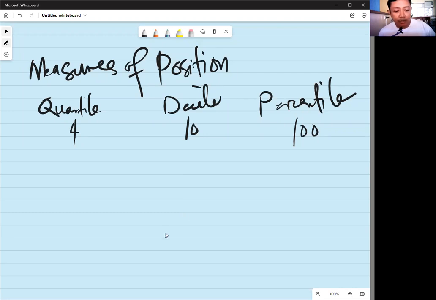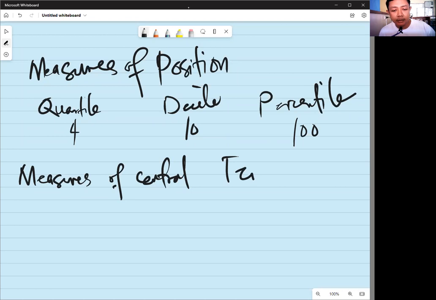And then just last week, we also learned the other measures, the measures of central tendency. And what are these three topics that we have here?